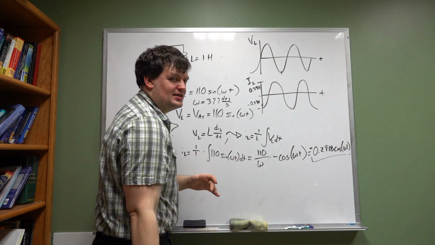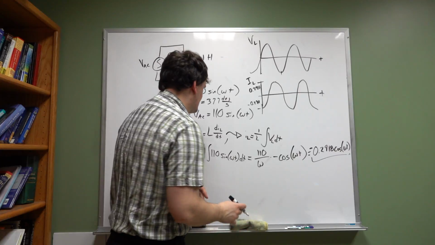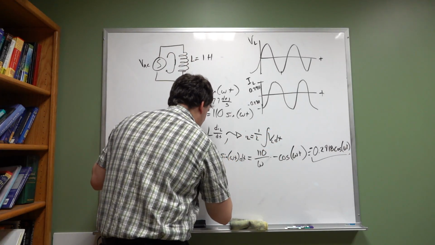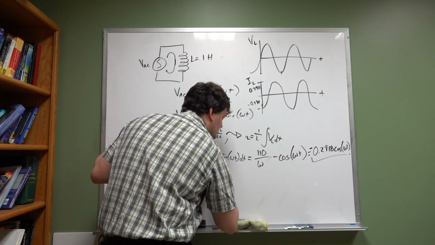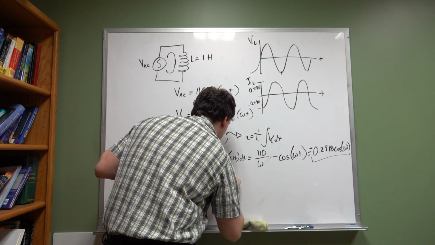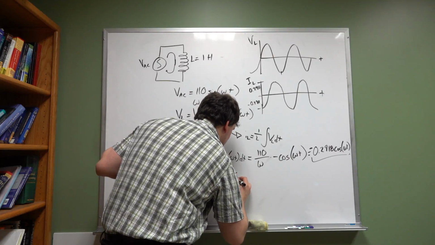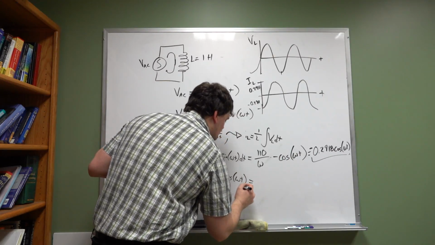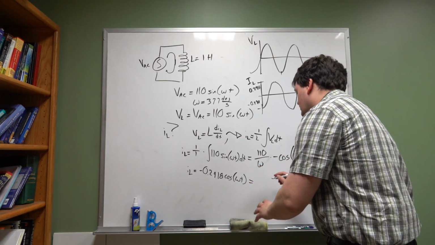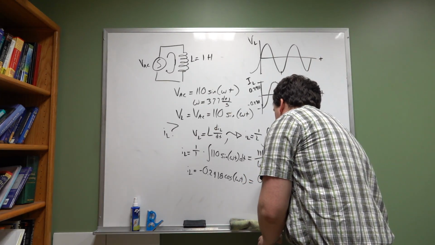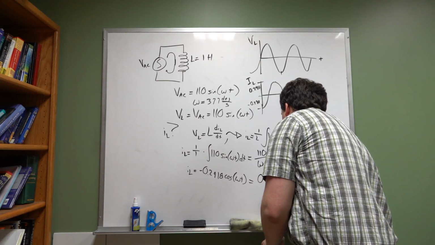So if we were to write this in our standard sine notation, IL is equal to negative 0.2918 cosine omega t. Well, we could rewrite that using our phase shift, using our phi value. We can rewrite this as 0.2918 sine omega t minus 90 degrees.